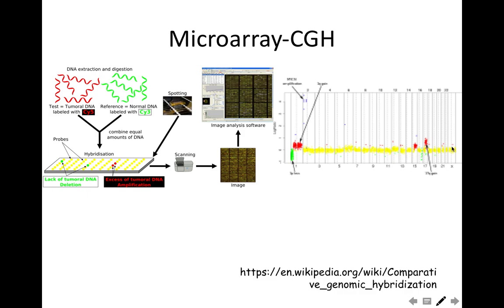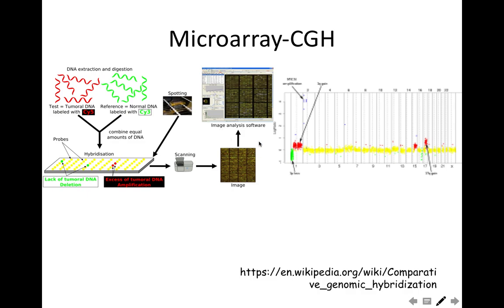All of these have almost balanced genetic material. If you come here, you can see that there is excess of the red dye, so this means there is gain of genetic material in the tumor. And when you see only a green dye present in a certain part of the chromosome, this would mean that it is deleted in the tumor, and that's why only the signal of the normal is present.